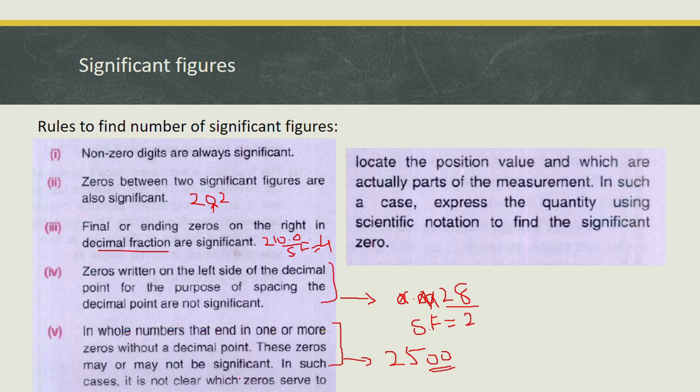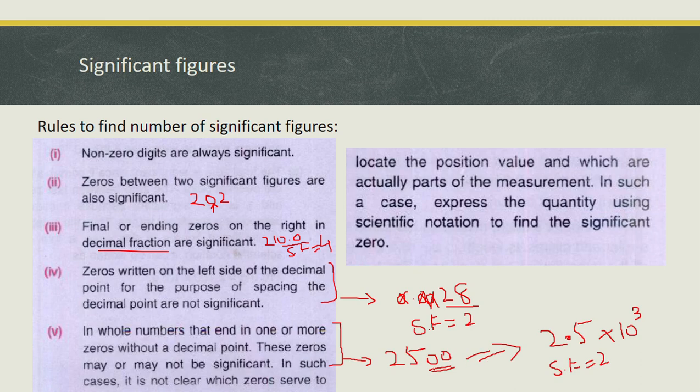When they are significant, it is not clear which zeros serve to locate the position value and which are actually part of the number. In this case, we write the number in scientific notation. So we write 2.5 times 10 raised to power 3. Now significant figures are only 2, not 4.